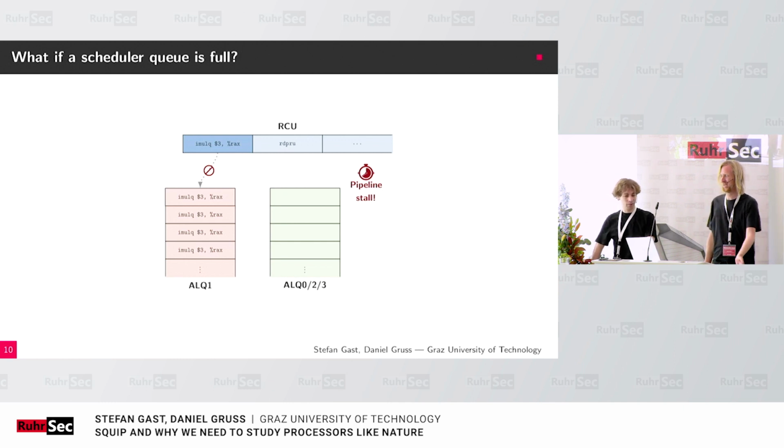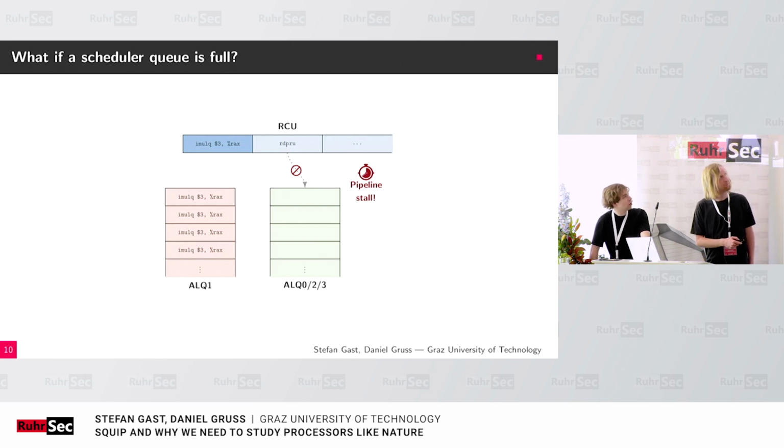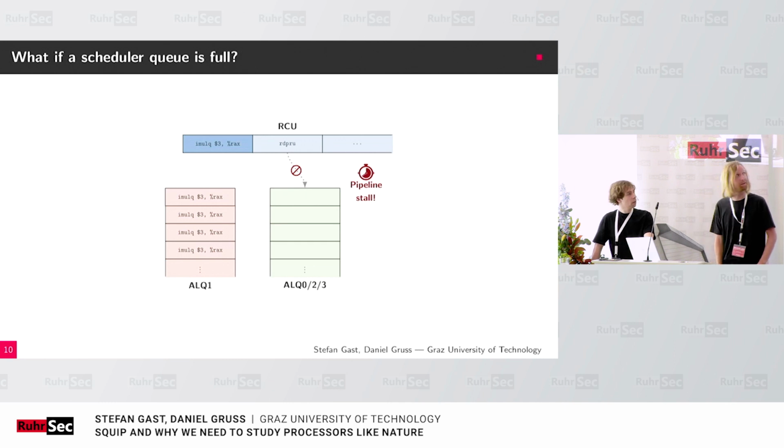I mean, at this forwarding stage, there's no way for the processor to reorder, because that's what the scheduler is all about. So that means this will not be executed, and that means the timing will be much slower. Because the RDPRU now has to wait until there's some empty place in the scheduler queue again.